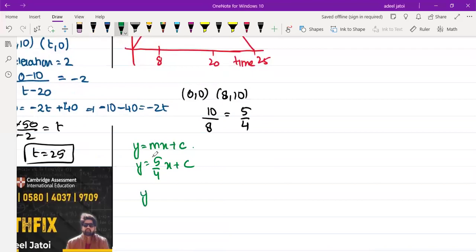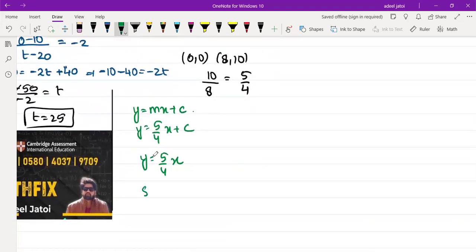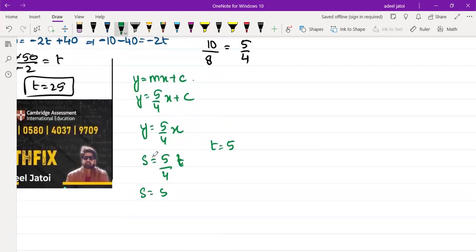Since it is passing through the origin, c is 0. So your y is s and your x is t. Now t is 5, so what will be s? s equals 5 upon 4 times 5. So s becomes 25 upon 4.